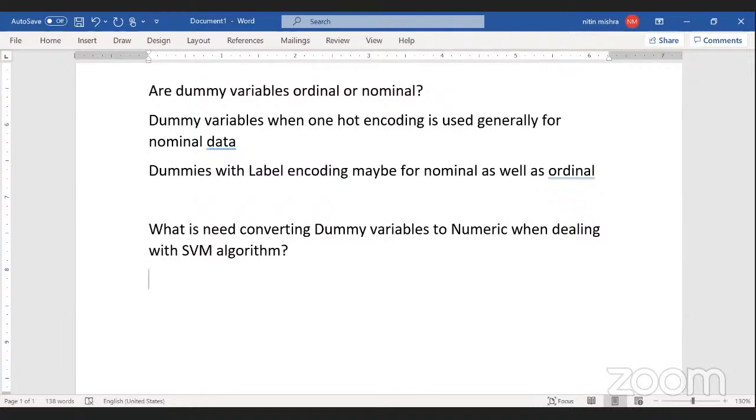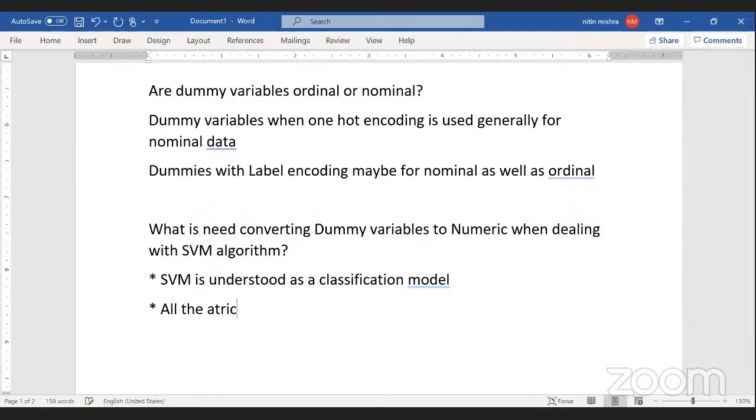All right. Now remember, SVM is understood as a classification model.